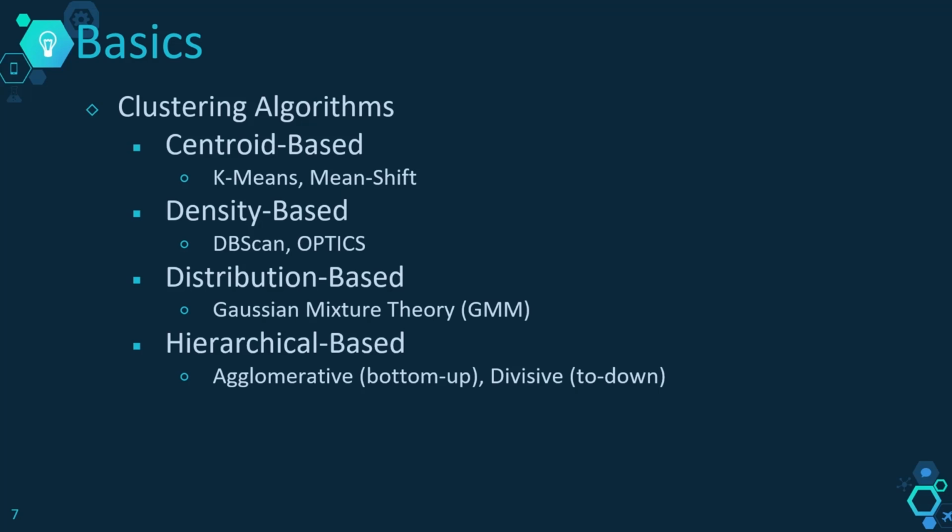And the third type is distribution-based. This one can be similar to the centroid one, because it may also have a center. But the way of doing it is more complicated. Instead of doing it purely based on distances, we assume that every cluster has its own probability distribution.